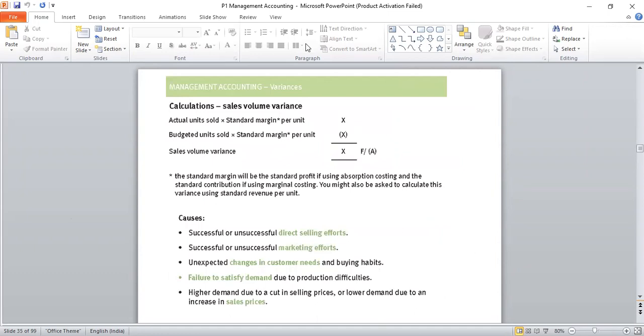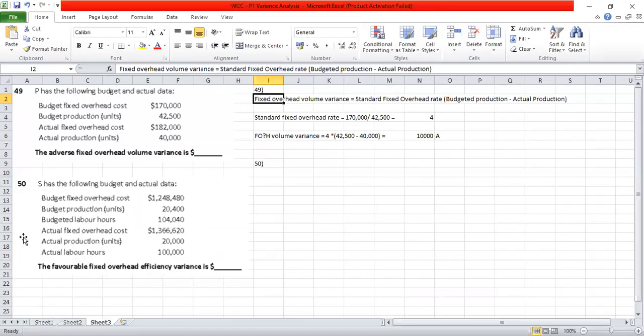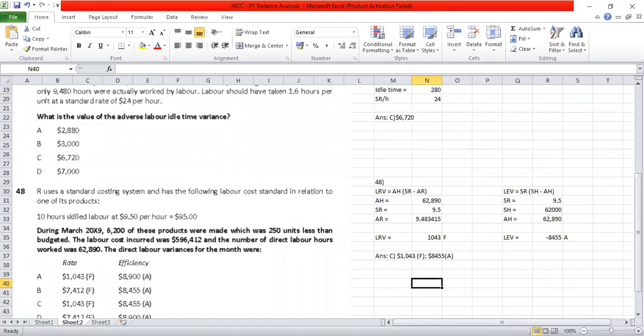We'll get back to the Excel file only. See, in the previous questions when we were working out efficiency variance, what did we do? We found out the difference between the standard hours and the actual hours, applied at the standard rate. So the efficiency is in terms of how many hours were consumed.